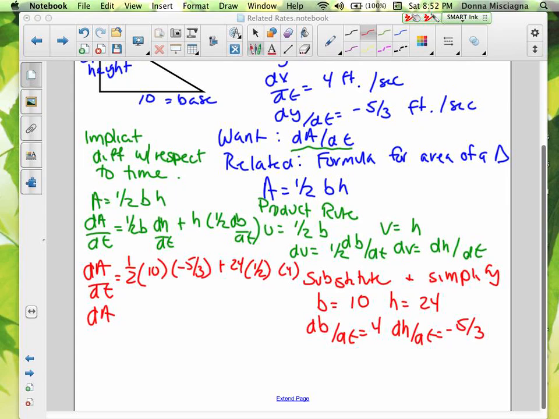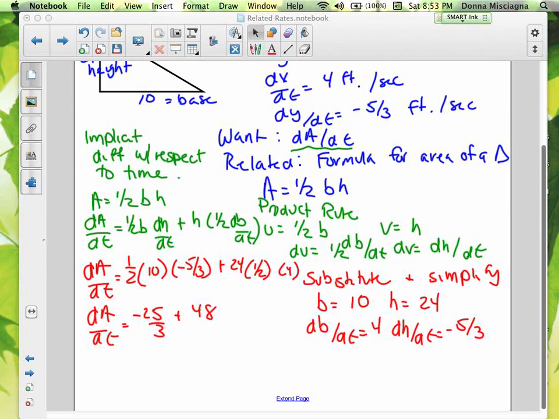So dA dt equals 1/2 times 10 is 5, times -5/3 is -25/3, plus half of 24 is 12, times 4 is 48, or 24 times 2. Any way you look at it, it's still going to be 48.